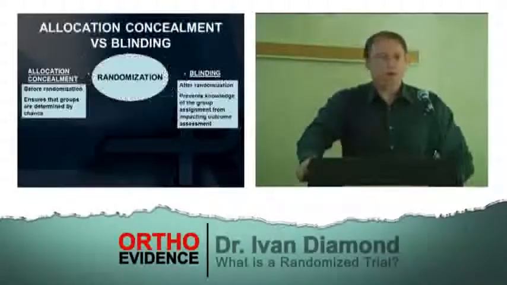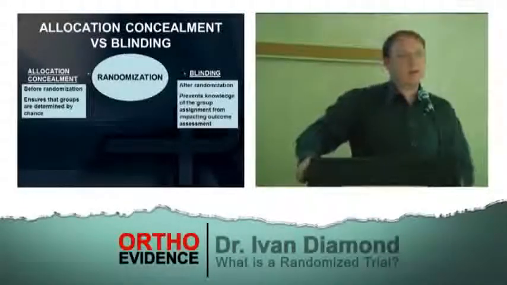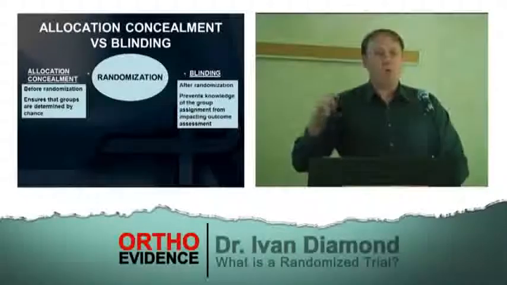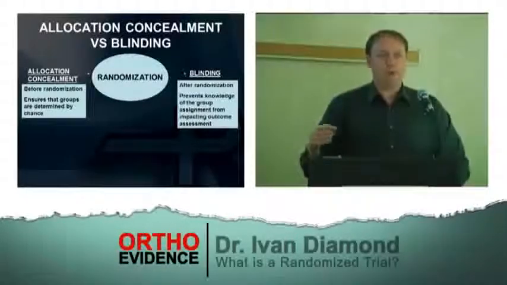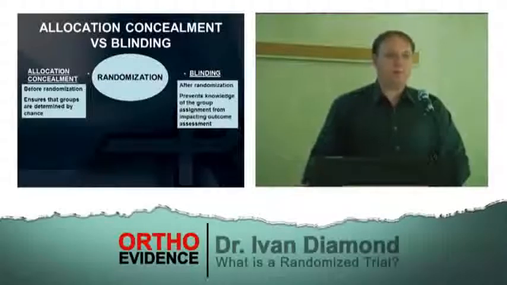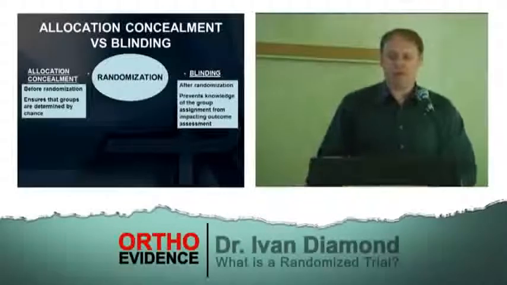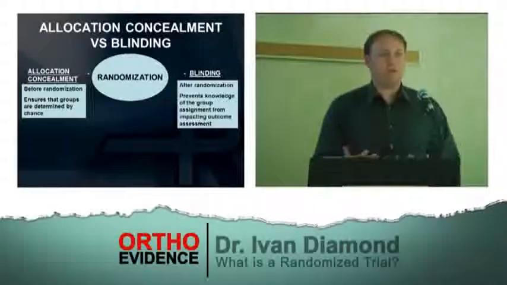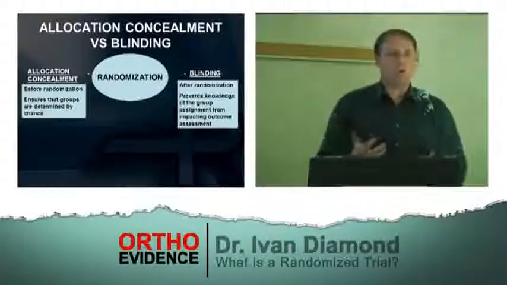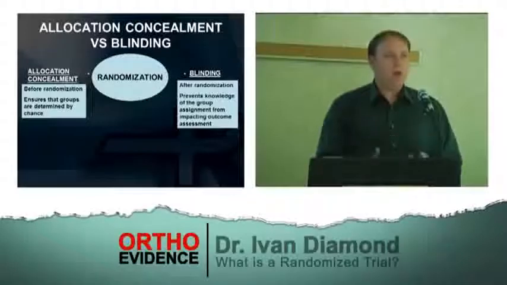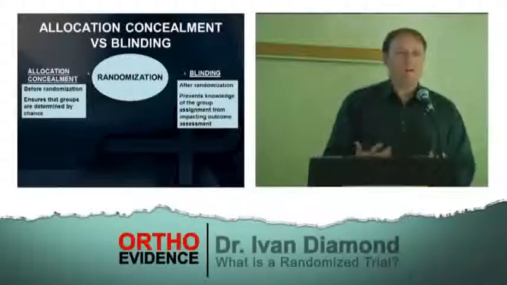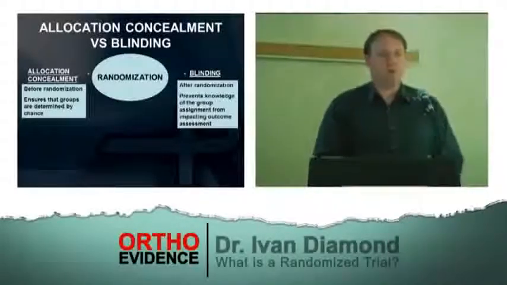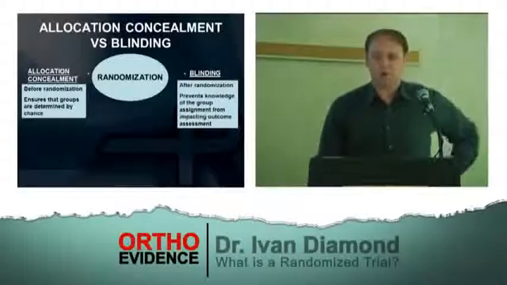Okay. So allocation concealment is keeping what that group assignment is going to be hidden prior to the patient being randomized, prior to enrollment in the study. And it ensures that your two groups, your intervention and your control group, are determined purely by chance alone and not by some form of selection bias, which would be introduced if the allocation concealment's not known.